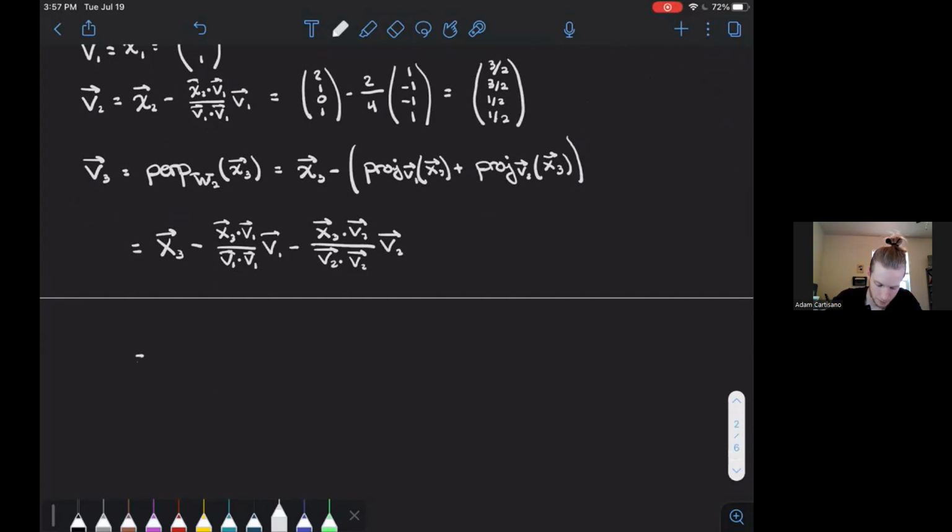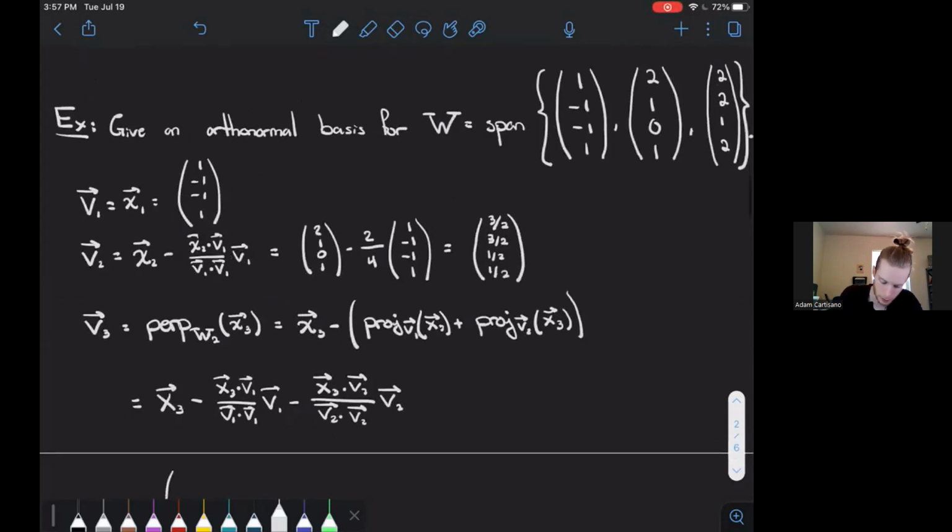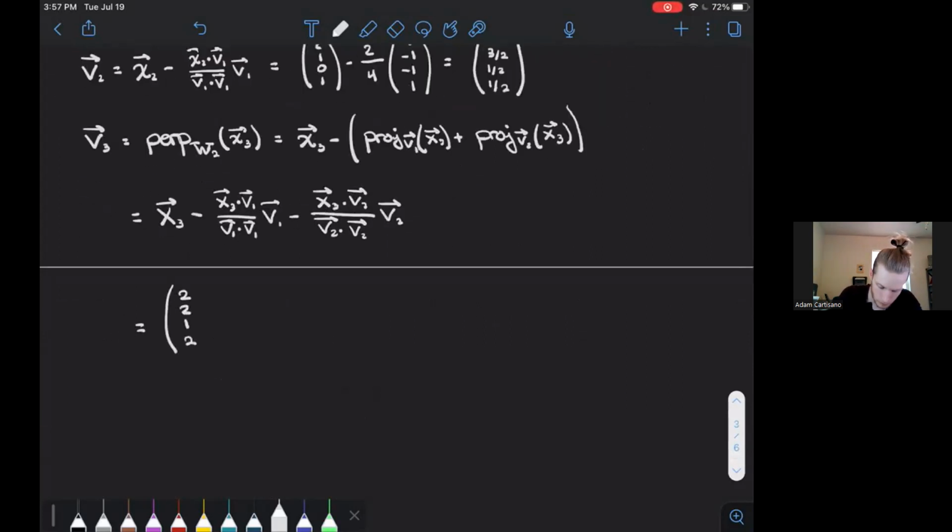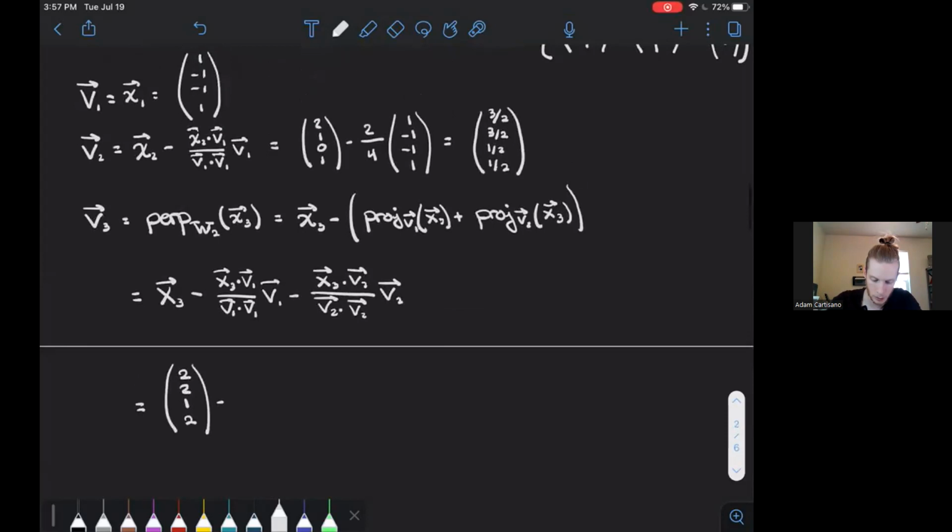Okay, so this is, I'll probably write as many vectors at once as I can. So 2, 2, 1, 2 is x3. Minus, all right, x3 dot v1. That's 2 minus 1 plus 2, which is 1. And then v1 dot v1 is 4. We already computed that. This is all times v1: 1, negative 1, negative 1, 1. Okay, x3 dot v2. x3 is 2, 2, 1, 2. v2 is 3 halves, 3 halves, 1 half, 1 half.